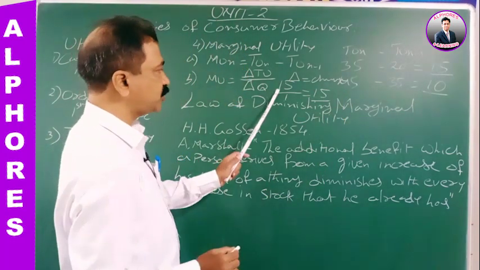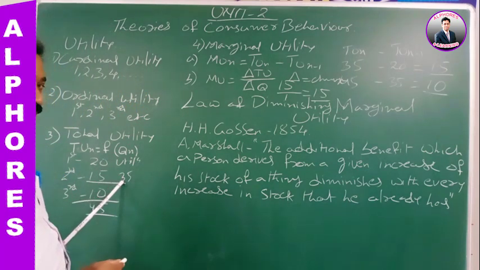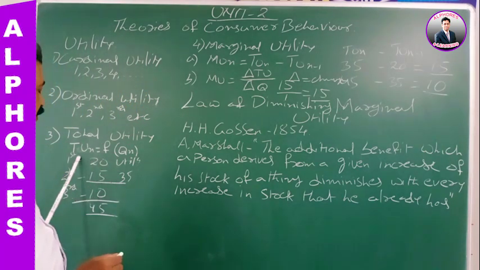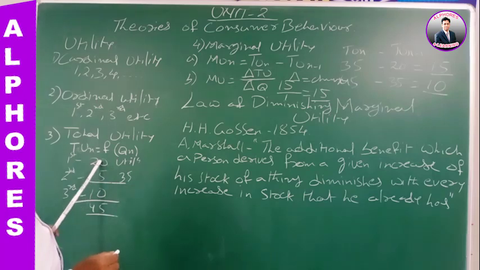See, first we put 20 and 35 together: first commodity, second commodity, put together we got 35. To get the exact idea of the difference between these two, 35 minus 20 is 15.